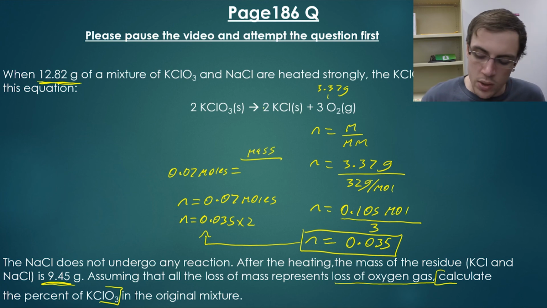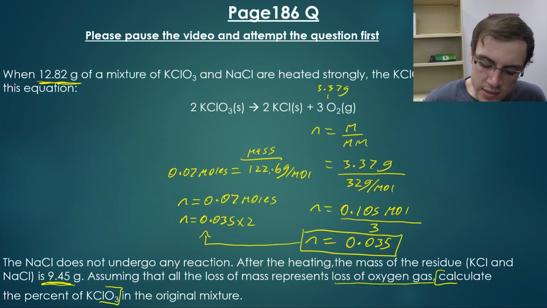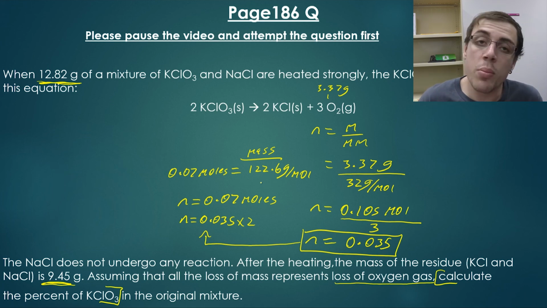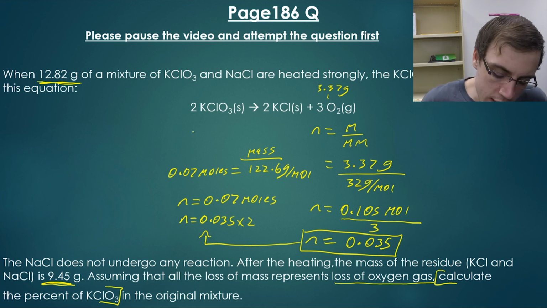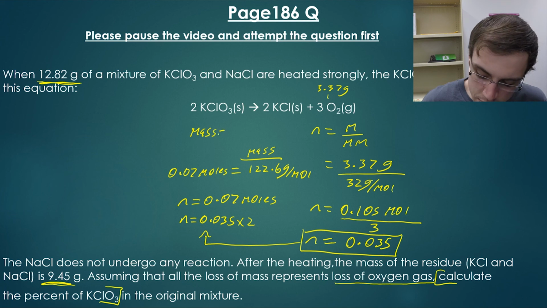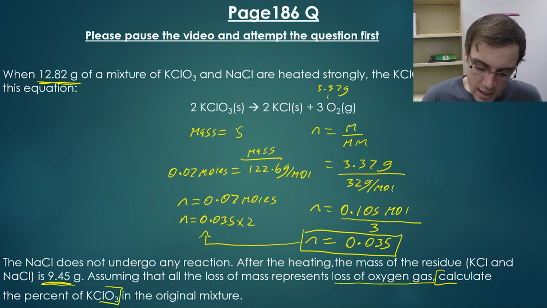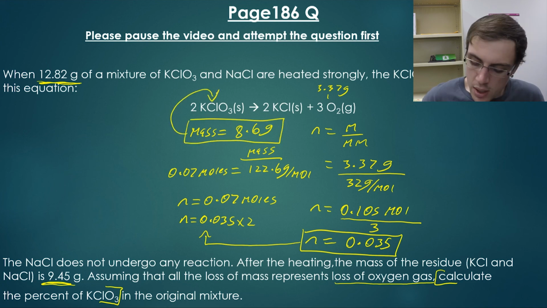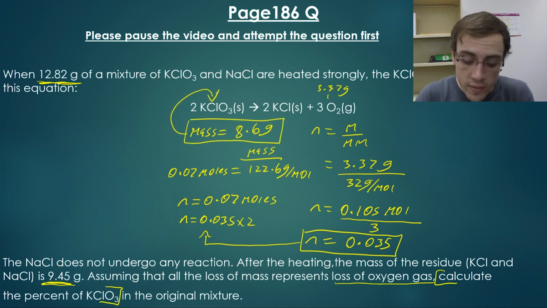So we need to look at potassium, chloride, and oxygen. So we rearrange this. So it's going to be 122.6 times 0.07 moles. And that will give us a mass of 8.6 grams. Okay, so that's all well and good. So we've got our final mass of potassium chlorate.